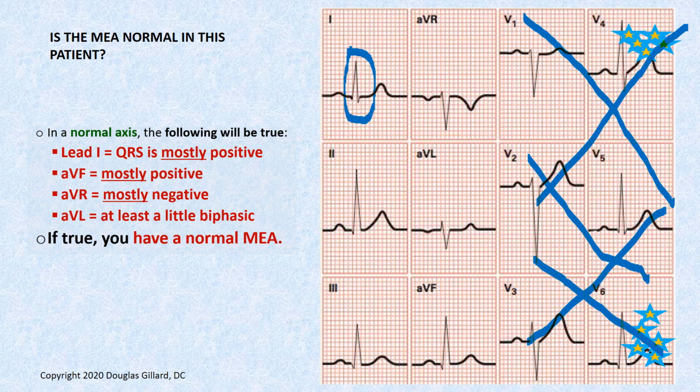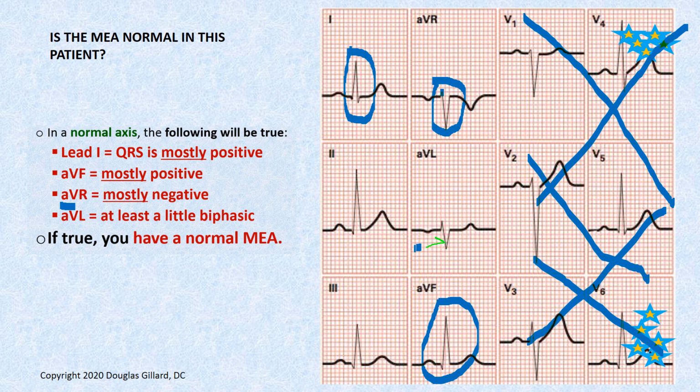How about AVF? Is that mostly positive? Absolutely. So number 2 is true. What about AVR? Is that mostly negative? Absolutely. Mostly negative, just a tiny little blip above the isoelectric line. And is AVL at least a little biphasic? Yeah, not much, but it is a little biphasic.